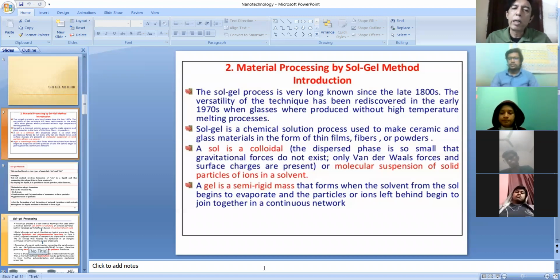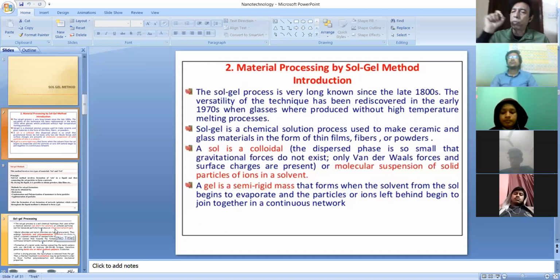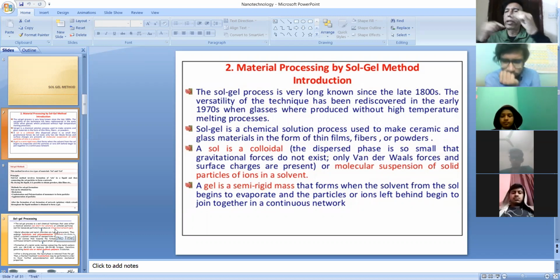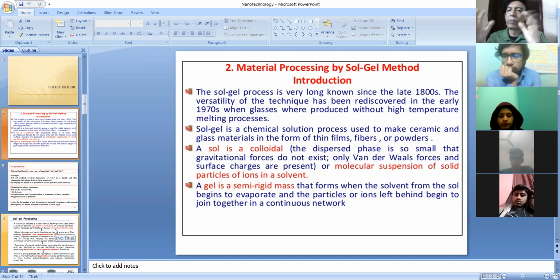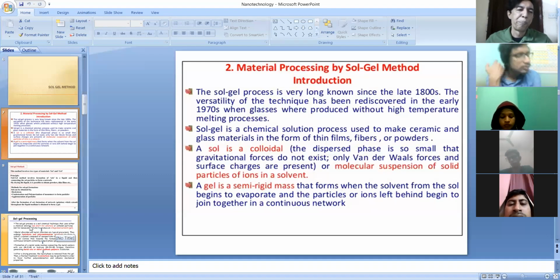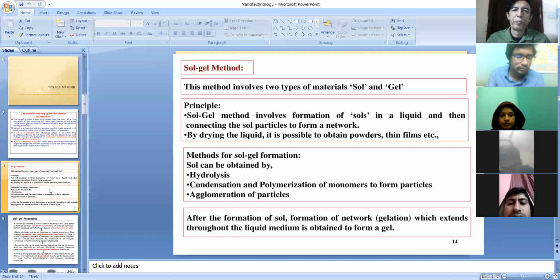So, what is a sol and what is a gel? A sol is small particles dispersed in a liquid, and when these small particles are interconnected with each other, it forms a gel. That is what sol and gel are. Now, what is the principle of the sol-gel method?